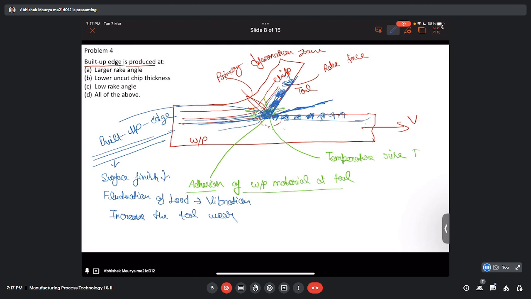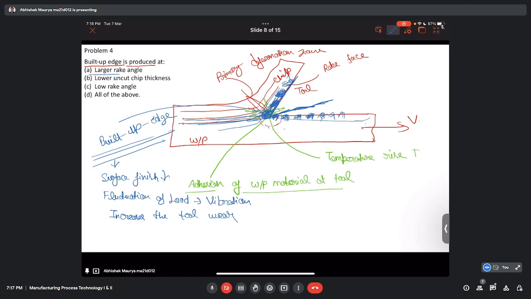So we can say that built up edge is a very undesirable phenomenon which takes place during the cutting of ductile material. So this is not desirable.